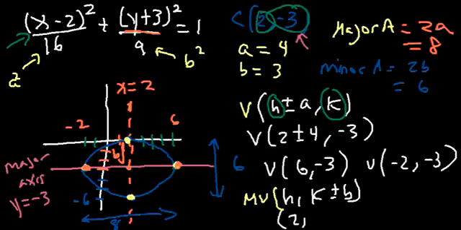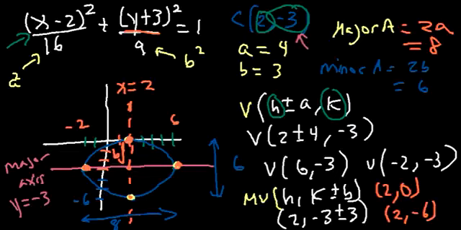So it's 2, comma, the y coordinate, which is -3, plus or minus the value of b, which is 3. So the two answers we get are 2, comma, -3 plus 3 is 0. So that's this point right here, 2, 0. And -3 minus 3 is -6. So we get this point, 2, -6. So these are our minor vertices.